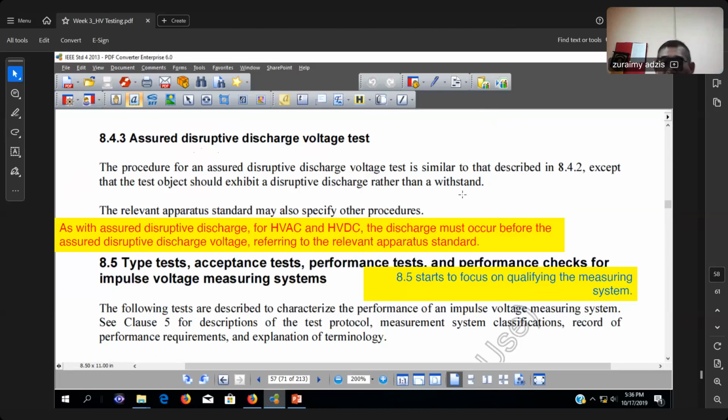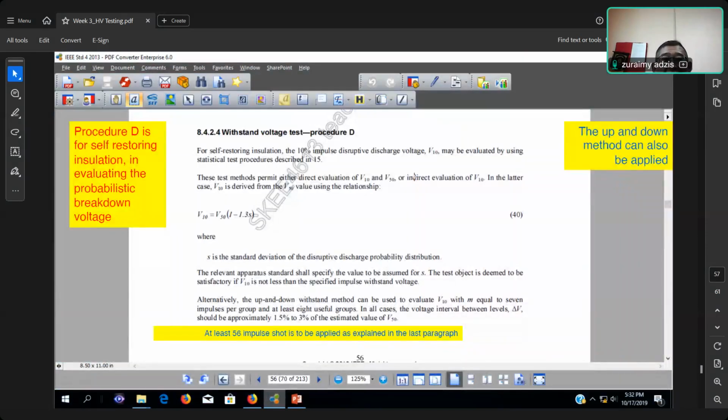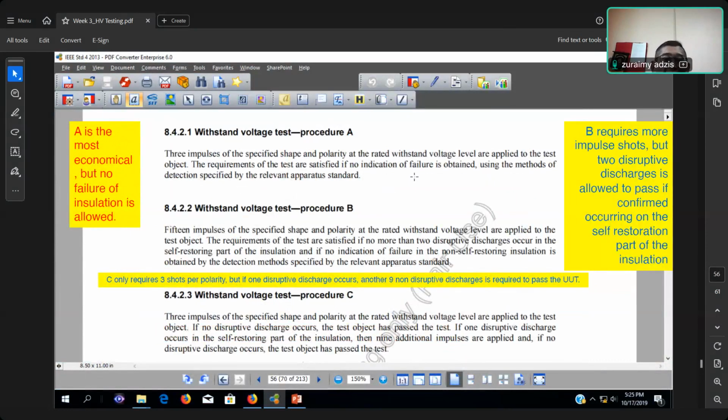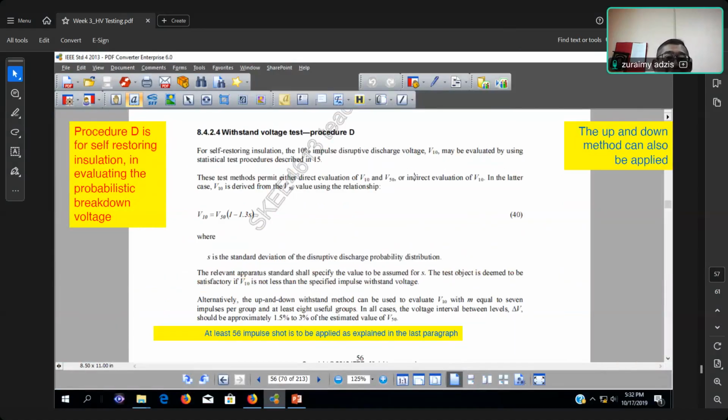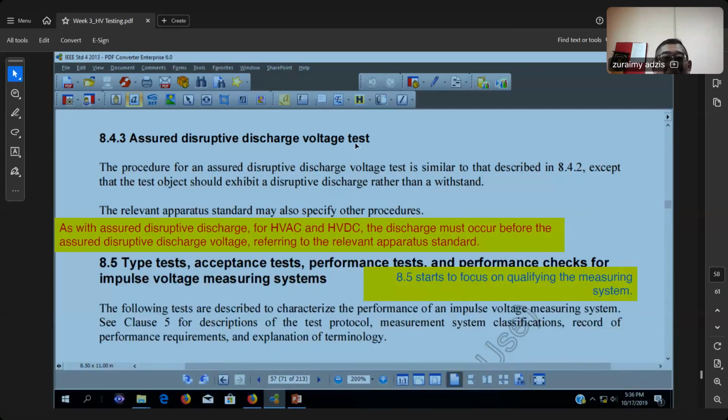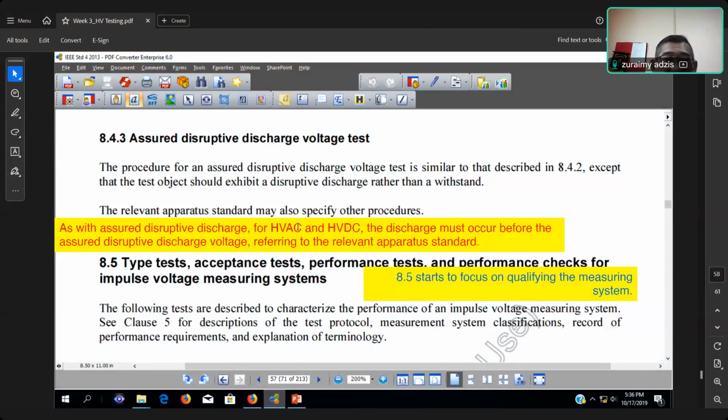So 8.4.2 has those 4 procedures, A, B, C, D. If you want to do an assured disruptive discharge voltage test, you also have to choose between A, B, C, D.